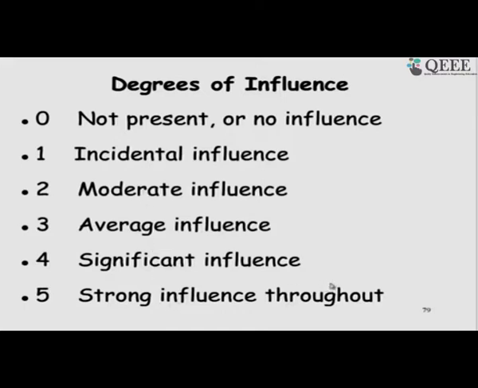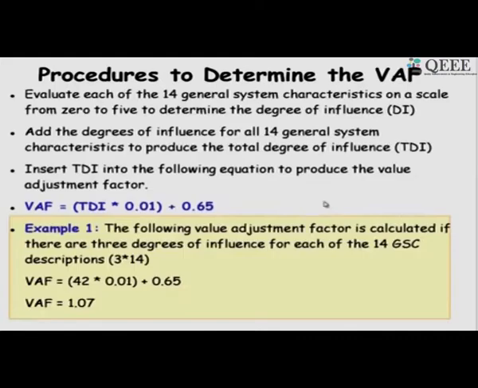So, this will have to increase the count. As long as we say that it is not present or has no influence, then the unadjusted function point does not change. But given the degree of influence, how much do they change? This is the formula that he gave: total degree of influence. As we said, 0 means there is no influence, the unadjusted function point does not change, and if it is very high influence, then it is 5.